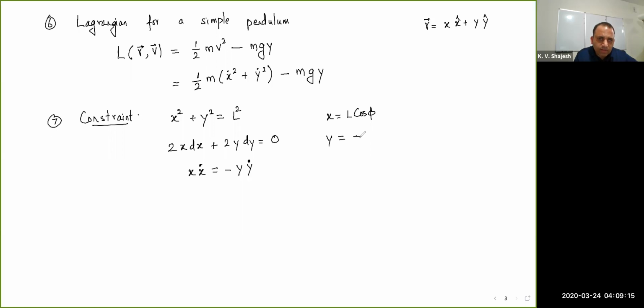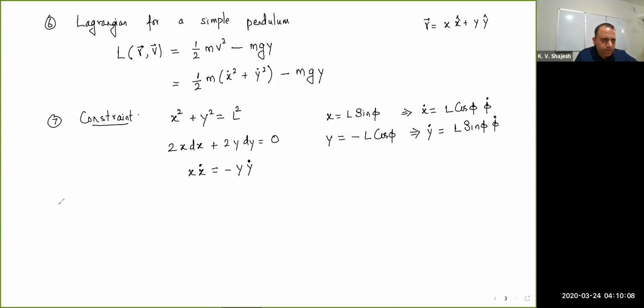No, sorry, x is L sine phi in our diagram, and y is minus L cosine phi, which implies that x dot is equal to L cosine phi times phi dot, because L is a constant, and this implies that y dot is equal to L sine phi phi dot.